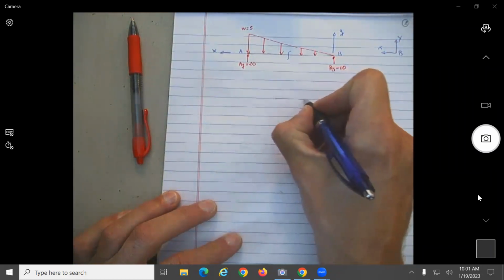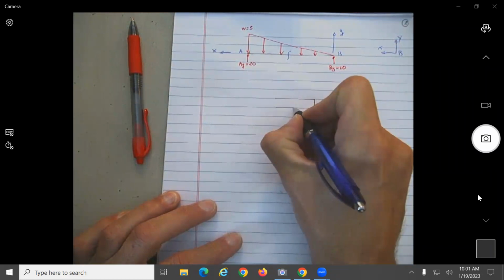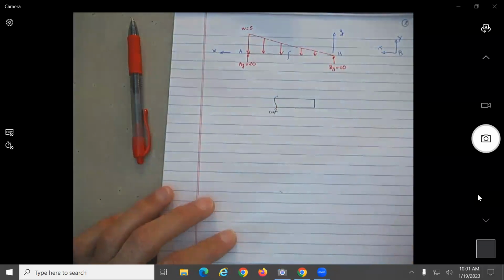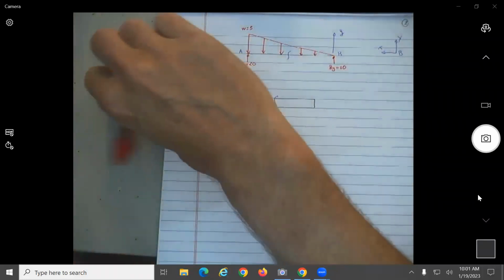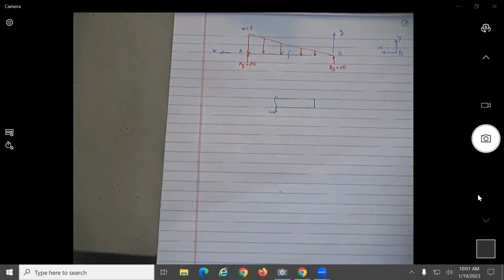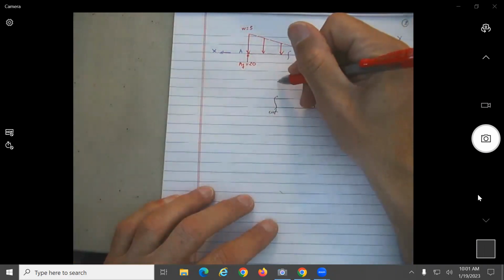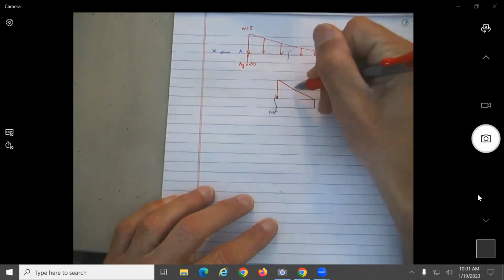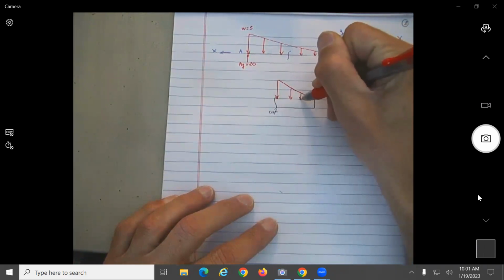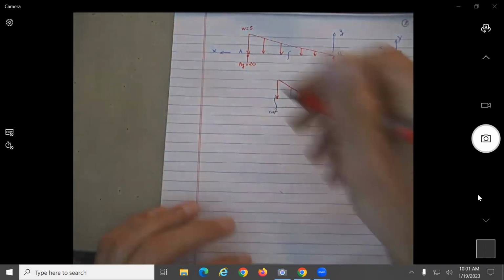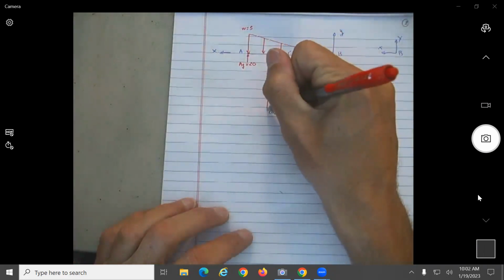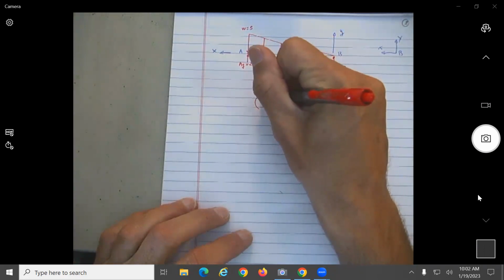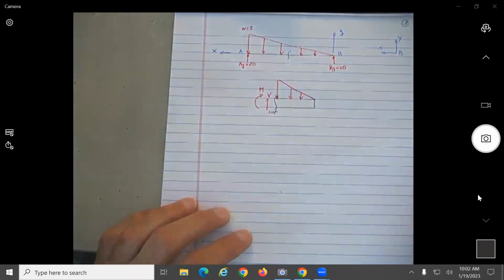Let me leave a lot of space here. You know the cut is somewhere between B and A, not at A or B. So if I do the figure, what are you going to have over here? You're going to have this, then this goes now reversed, and we have here B going up, and we're going to have the moment going that direction.